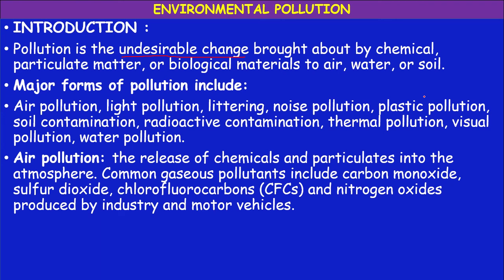Chlorofluorocarbons and nitrogen oxides are produced by industry and motor vehicles. The major gases include carbon dioxide, sulfur dioxide, nitrogen oxides, chlorofluorocarbons. Now, how are they added? They are produced by the industries and added into the atmosphere.